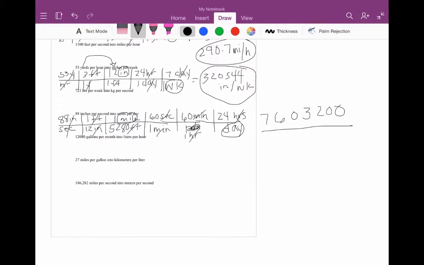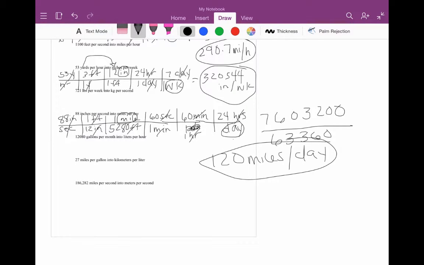So 12 times 5280 times 1 times 1 times 1, which is 63,360. To find the final answer, we take 7,603,200 divided by 63,360, which gives us an answer of 120 miles per day. Final answer.